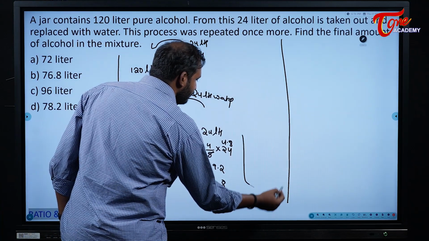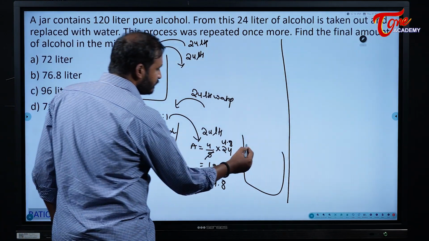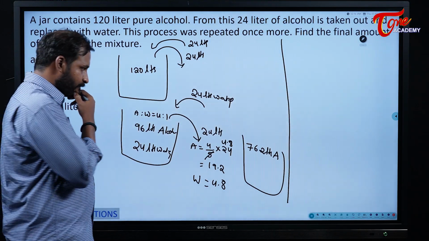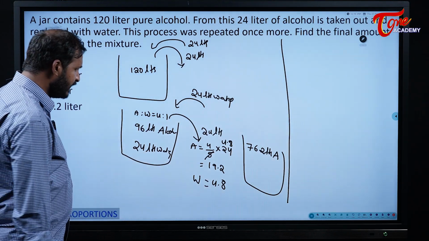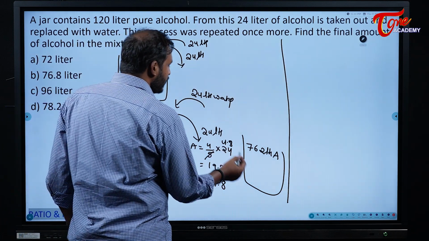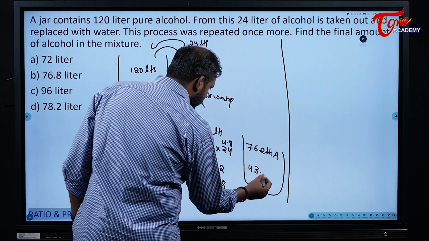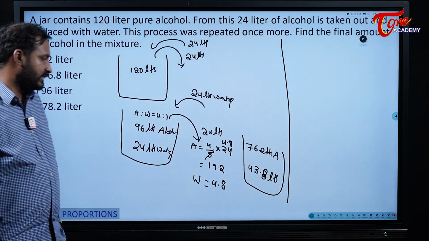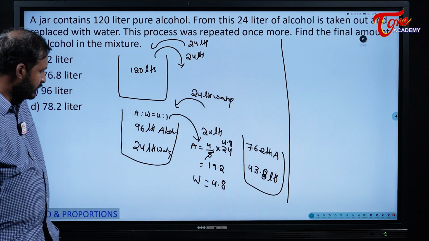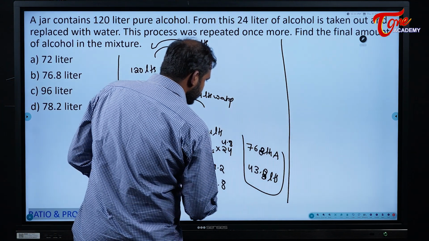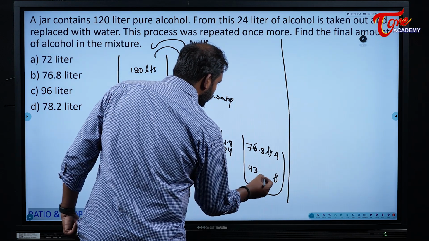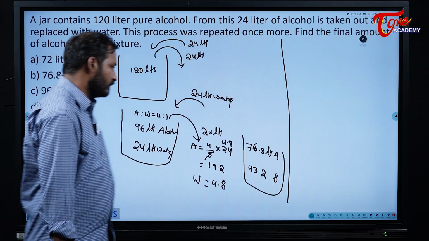So finally, what will the jar contain? 96 minus 19.2, it becomes 76.8 liters of alcohol, and the remaining will be water. 24 minus 4.8 is 19.2. 19.2 plus 24, we are adding 24 liters of water to this one, so it becomes 43.2 liters of water. So we will have 76.8 liters of alcohol and 43.2 liters of water.